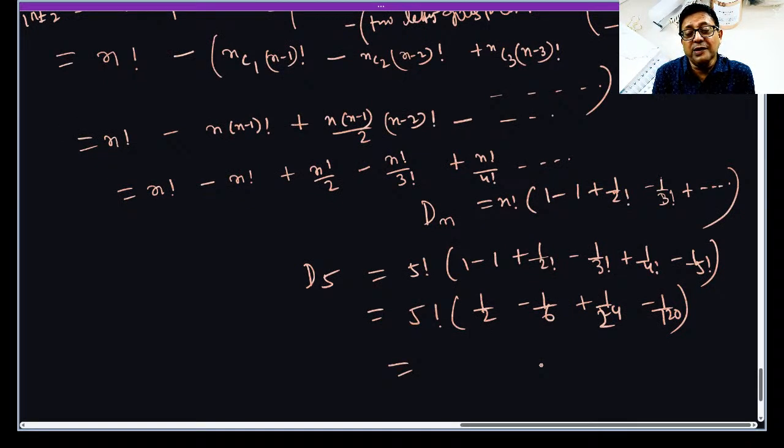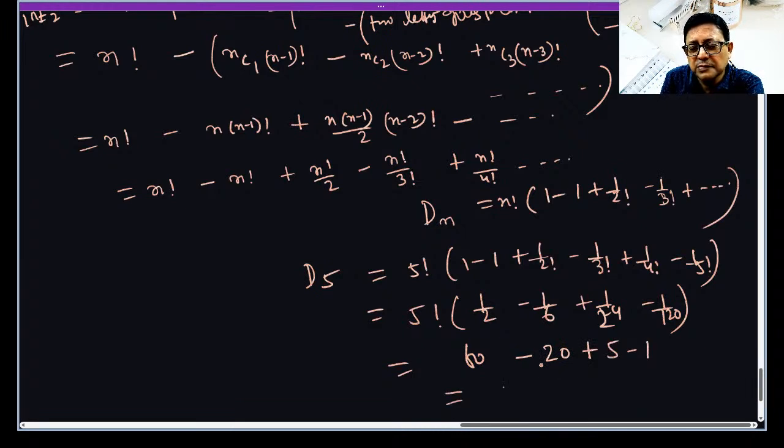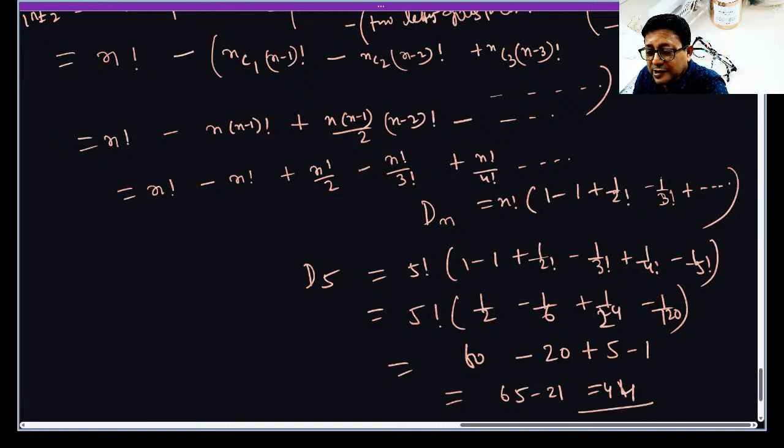This is what? Factorial 5 by 2, 60, minus factorial 3, 6. So factorial 5 by 6, 44 cases of rearrangement will be there.